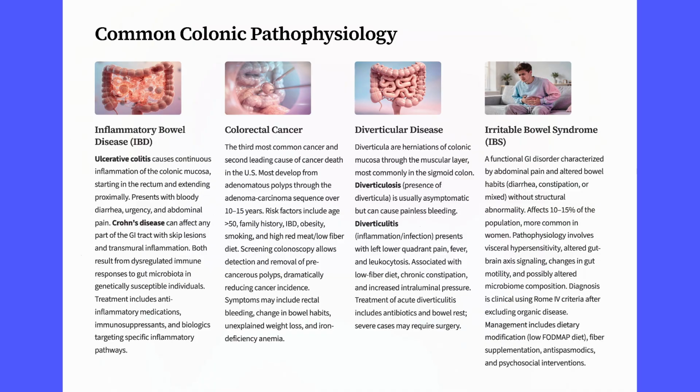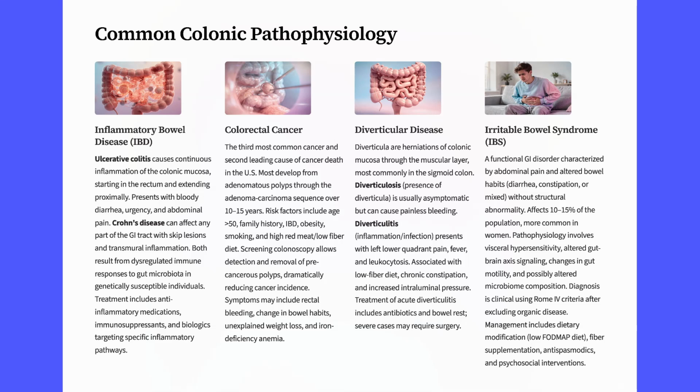Common colonic pathophysiology includes several important conditions. Irritable bowel syndrome is a functional disorder characterized by abdominal pain and altered bowel habits without structural abnormality. It's related to visceral hypersensitivity and altered motility. Inflammatory bowel disease includes Crohn's disease and ulcerative colitis, chronic inflammatory conditions causing diarrhea, bleeding, and abdominal pain.